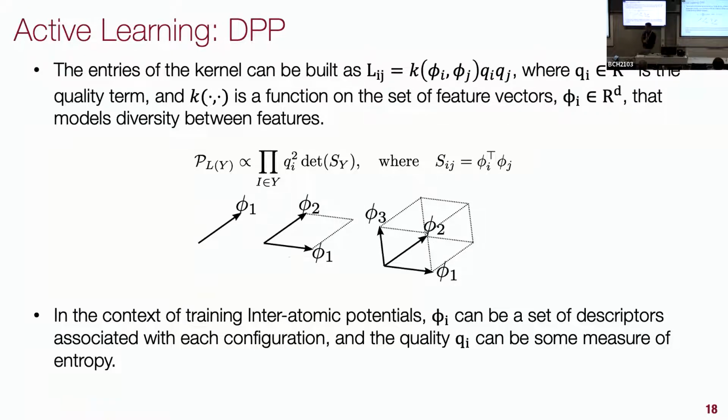So the prescription goes as follows. The DPP kernel is a very flexible approach where you need to specify first a function that encodes diversity between two different configurations. So this is a critical component. I need to know how to differentiate between two different atomic environments. I need that to be useful in some sense. And the second component is a quality term.